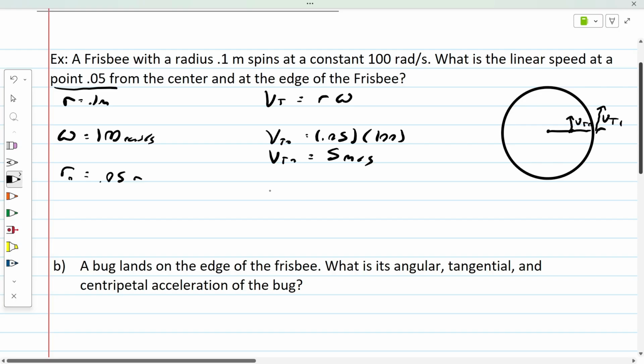And then this velocity tangent at the very edge is going to be the entire radius of 0.1 times the 100. And so this tangential velocity is equal to 10 meters per second.